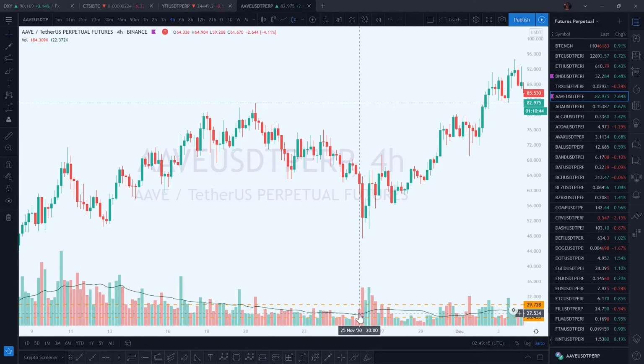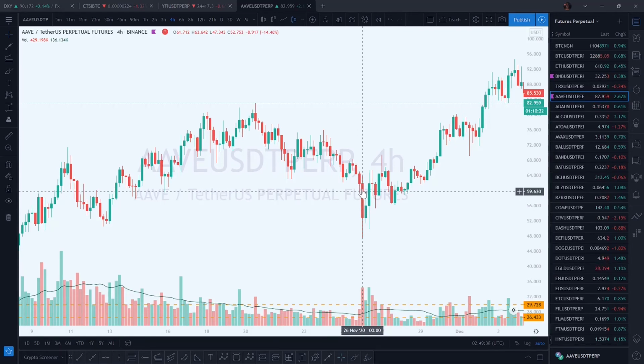Now, the next candle, we have an increase, an above average candle. What do we have here? We also have an increase in the body of the candlestick compared to this. This body is bigger than this. So everything looks okay. Then here, we even have a way bigger candle, way bigger volume. And what did we see here?